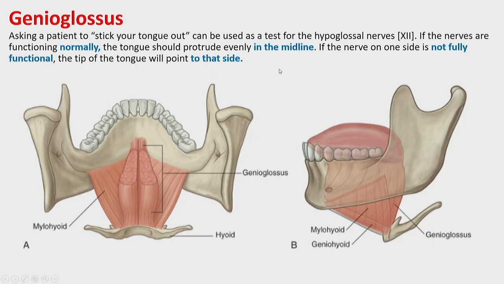You can check the function of the muscle and the function of the hypoglossal nerve. Normally it protrudes in the midline, but if one side is not working, the tongue is deviated to the paralyzed side. Be careful, it's deviating to the paralyzed side.